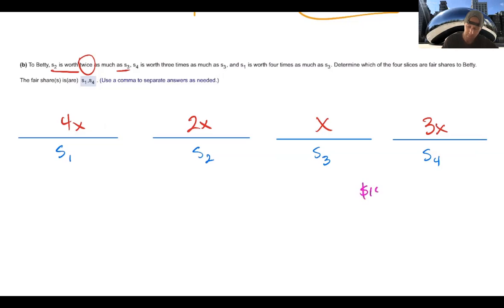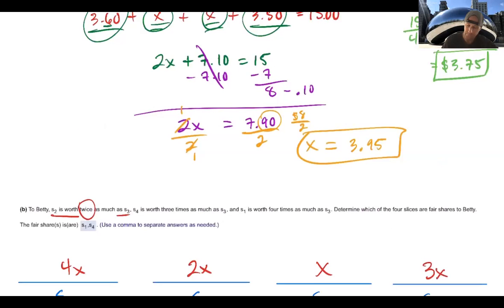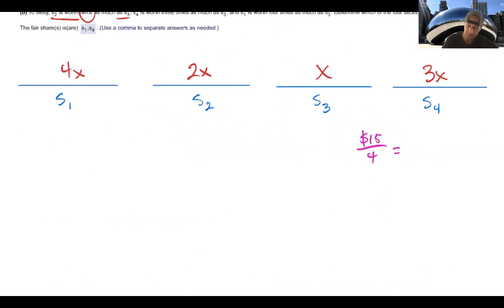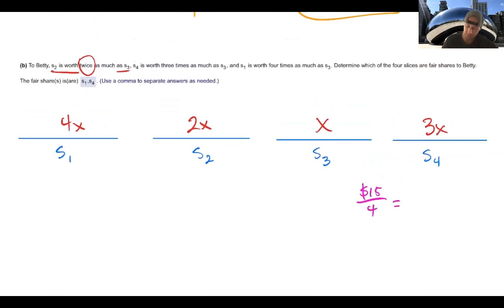We'll take our 15 bucks divided by 4, and remember from above, that was 3.75. So that's what we're looking for constantly with these, something at or above our fair share amount.